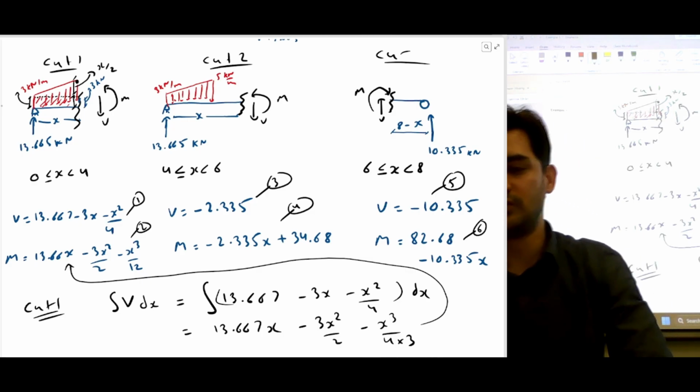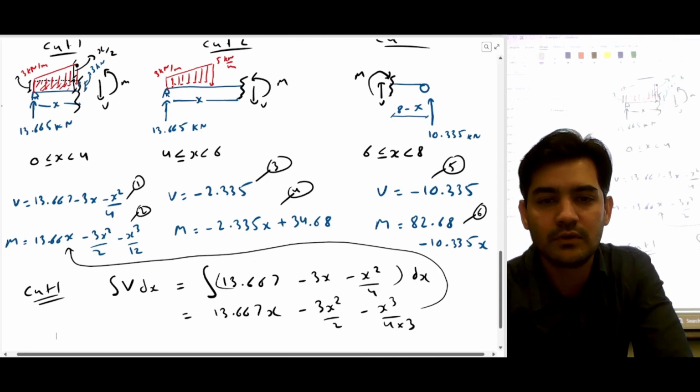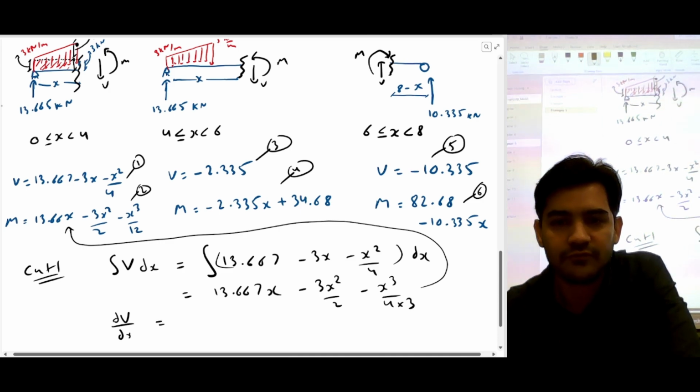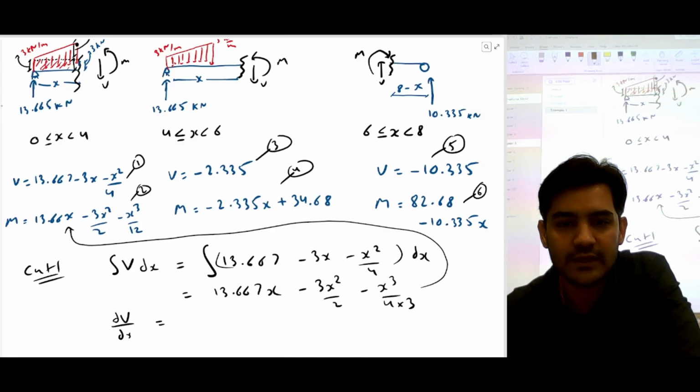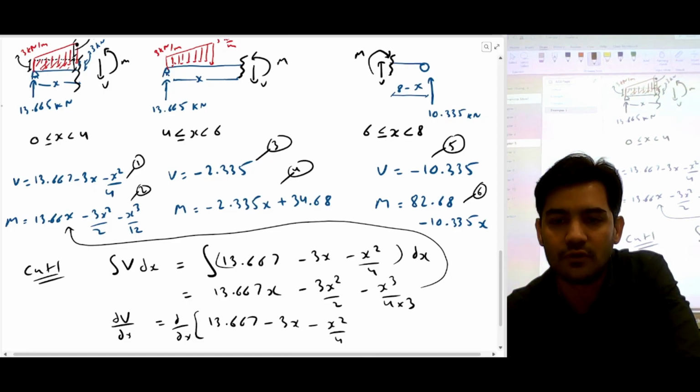And let's do differentiation. So I did integration of shear force, and I'm going to also do differentiation of V. So if you do differentiation of V, d by dx of V, V is 13.667 minus 3x minus x squared by 4.